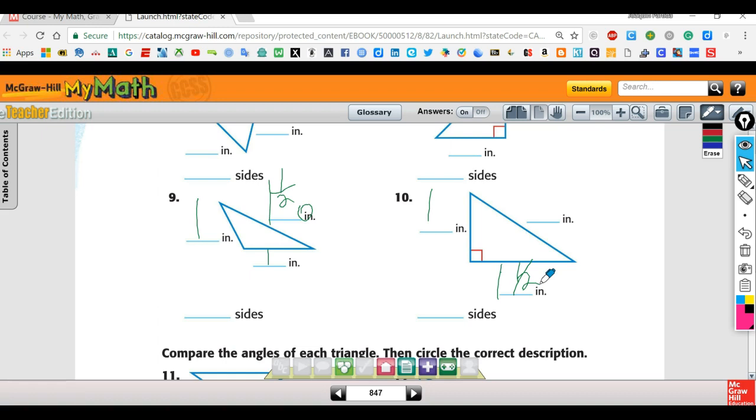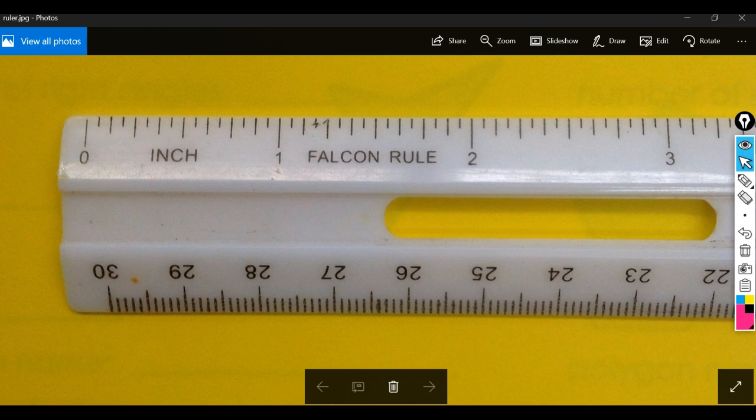Now, this side here is actually 1 inch, but it's past the 1/2, but it's not at 2. So that side is actually here. It's actually this line right here. So I know it's 1 at least.